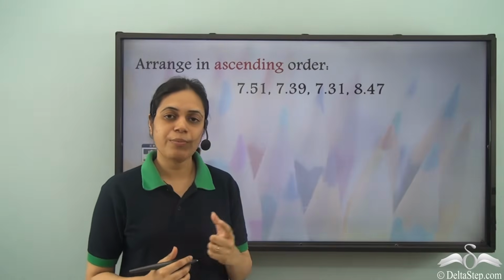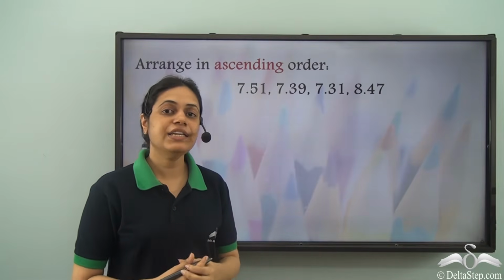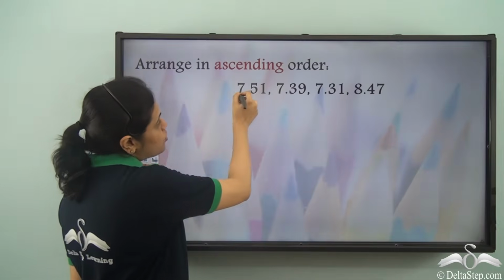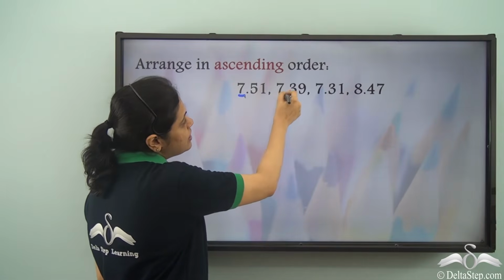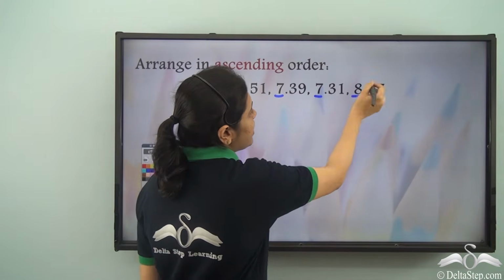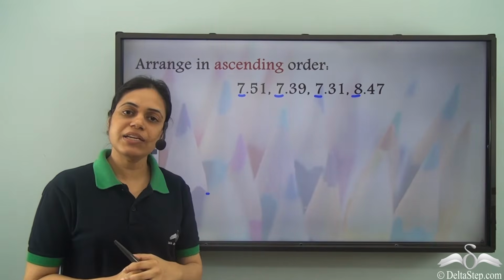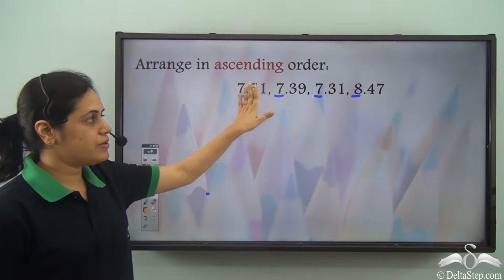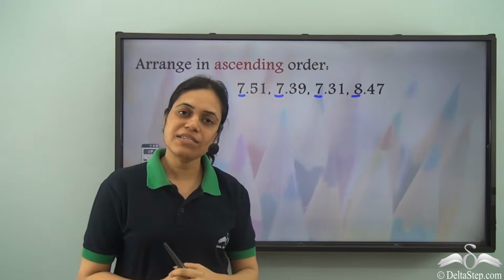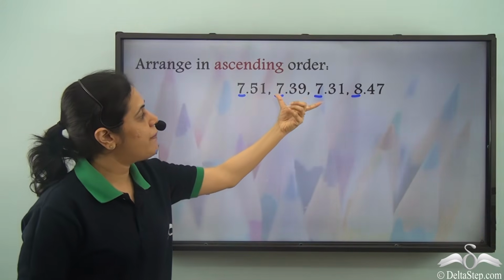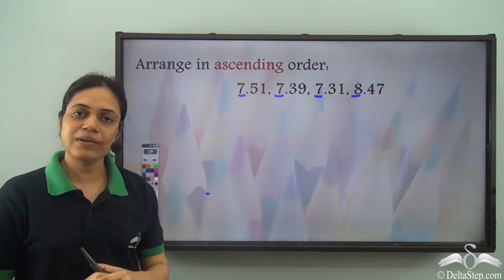So we have these four numbers. First, I need to compare the digits to the left of the decimal point. So over here I have 7, 7, 7, 8. I know 7 is less than 8. So these three numbers will be smaller than this number. Now I need to compare among these three.